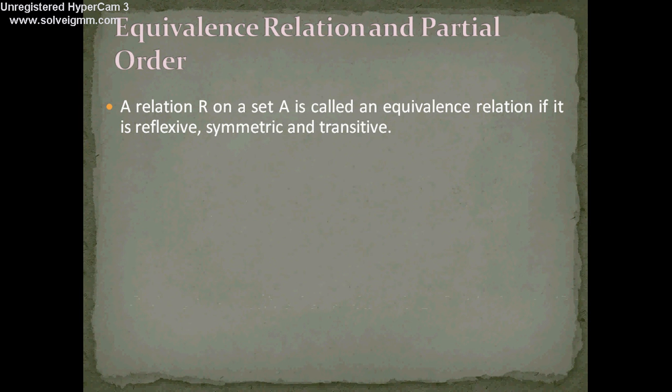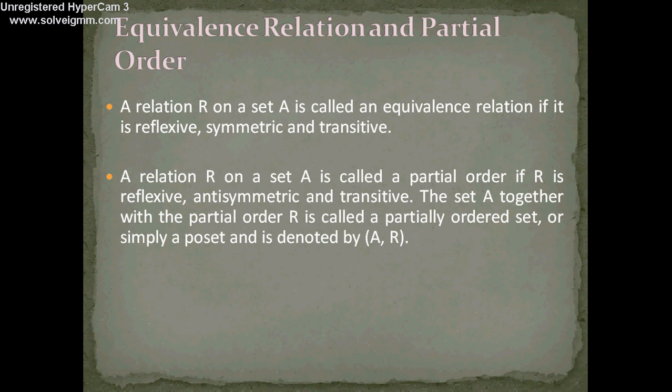A relation R on a set A is called an equivalence relation if it is reflexive, symmetric, and transitive. We can say that a relation R is an equivalence relation if it satisfies three important properties, which are reflexive, symmetric, and transitive.